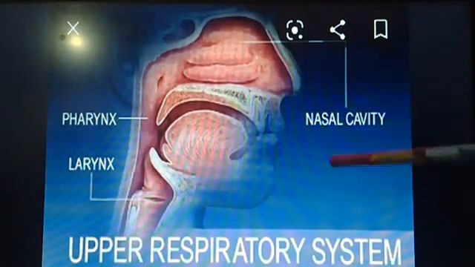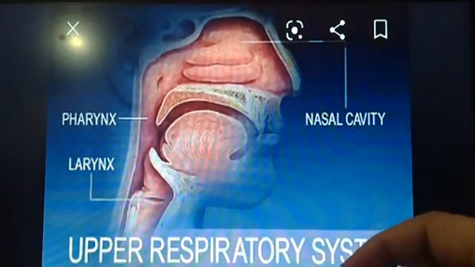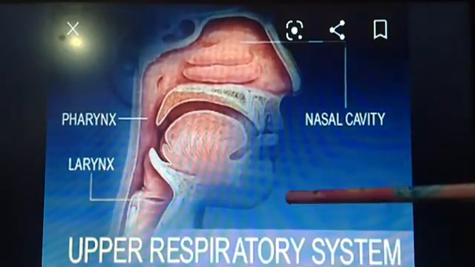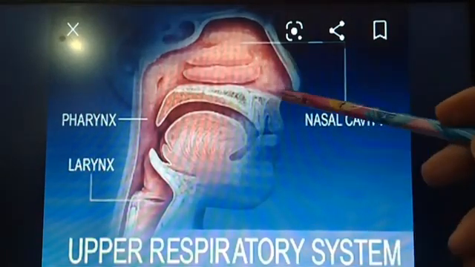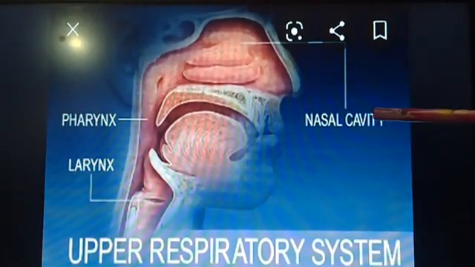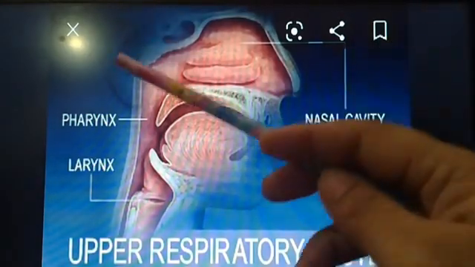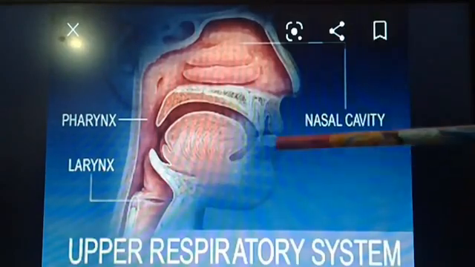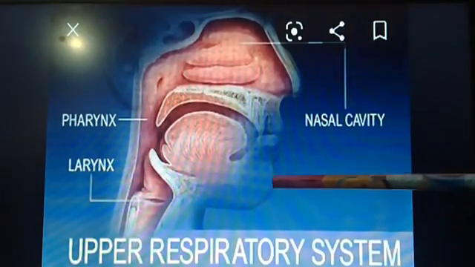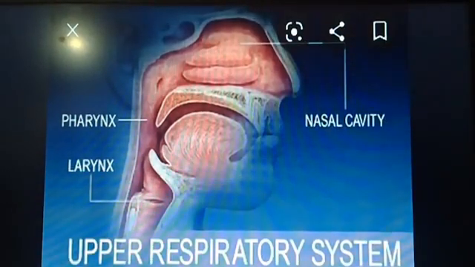The upper respiratory system or respiratory tract consists of the nose and nasal cavity, the pharynx and the larynx. These structures allow us to breathe and speak.